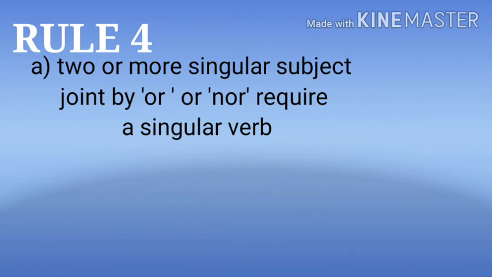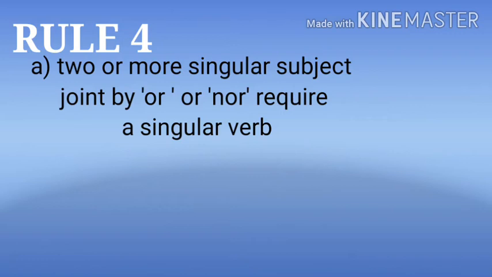Next, we'll move to rule number 4. Rule 4 talks about the use of "or" and "nor." Here we can understand this. It has two parts. The first one: two or more singular subjects joined by "or" or "nor" require a singular verb.